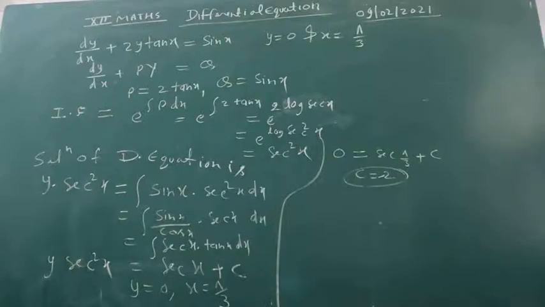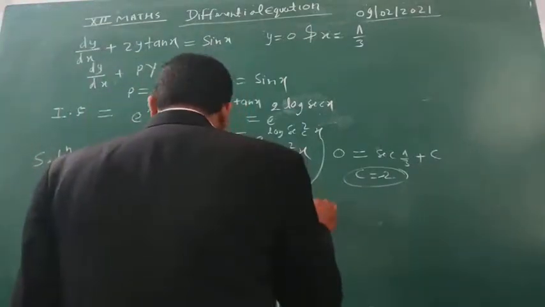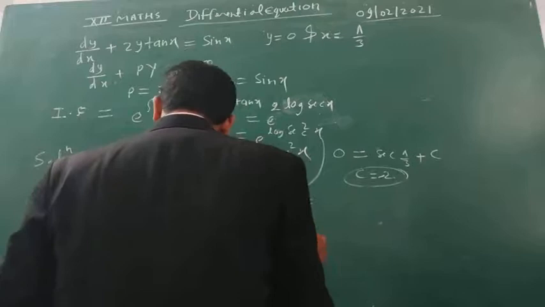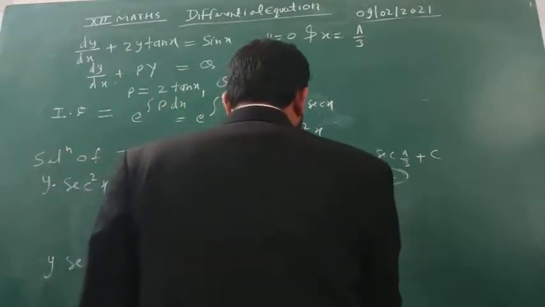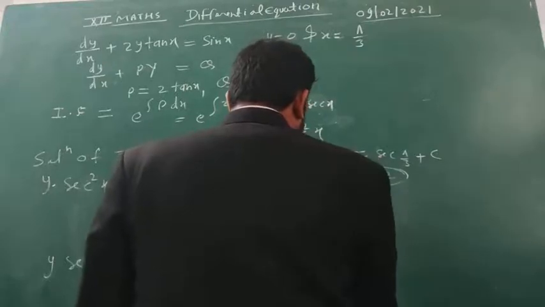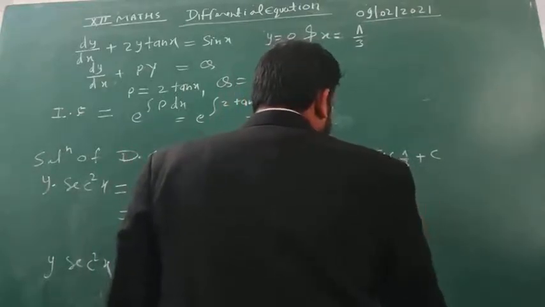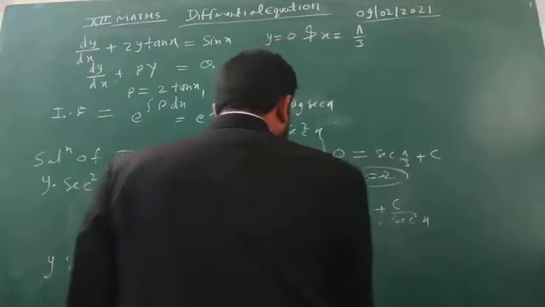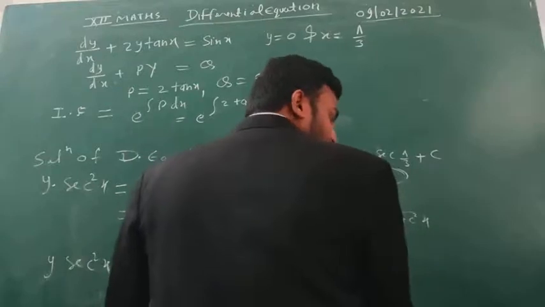Now students, we put it in the given equation and we get the solution y is equal to sec x by sec square x plus c by sec square x, students. So this will be cancelled, this will be 1 by sec x, which is cos x.